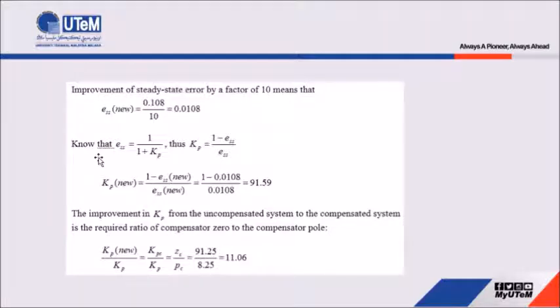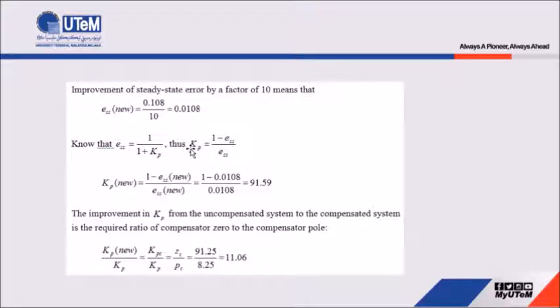So how can we design so that we get that ESS equal to 0.0108? Based on the steady state error equation, ESS equal to 1 over 1 plus Kp, we can rearrange this equation to become Kp equal to (1 minus ESS) divided by ESS. In order to make sure the ESS improves by a factor of 10, that means equal to 0.0108, we have to find the new value for Kp.